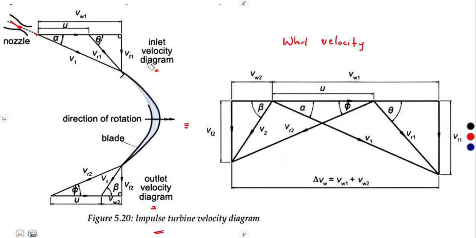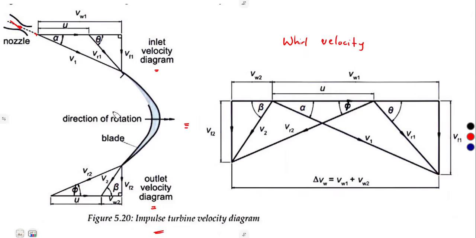It is now combined with the other side, where we are seeing the outlet velocity diagram. Both are combined together, giving us this.